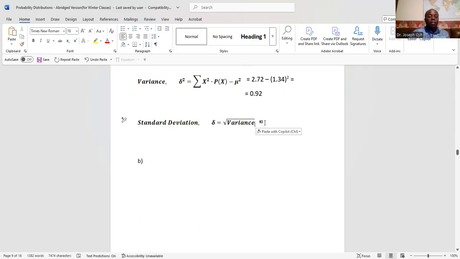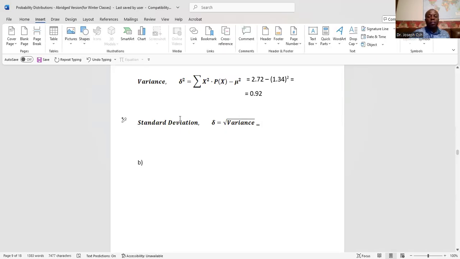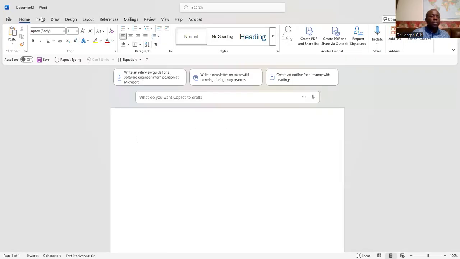I have the variance as 0.92, so the square root of 0.92. Let me open the other workbook.